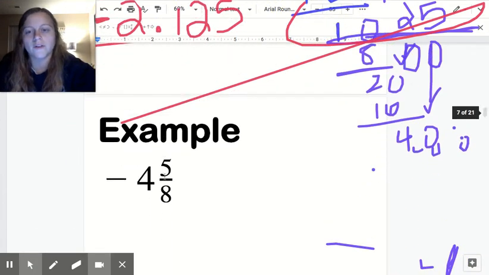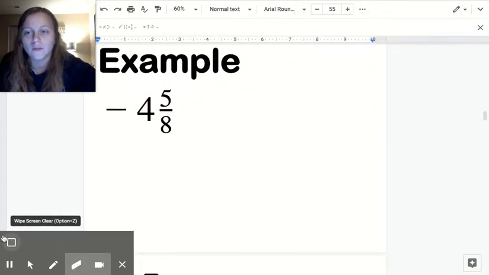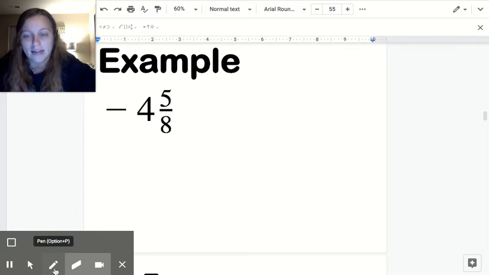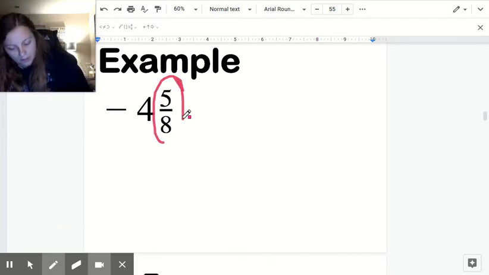We're going to go through another example as a group. So we have negative 4 and 5/8. What I personally do is I'm going to ignore the whole number for a second, and I'm just going to worry about my 5/8 here.